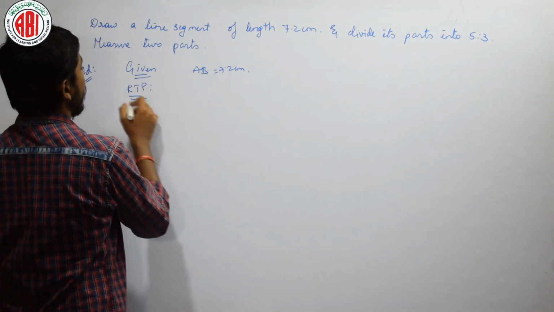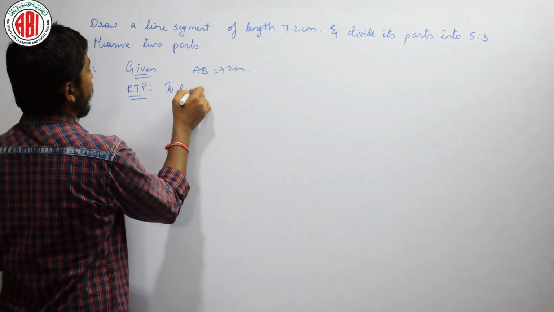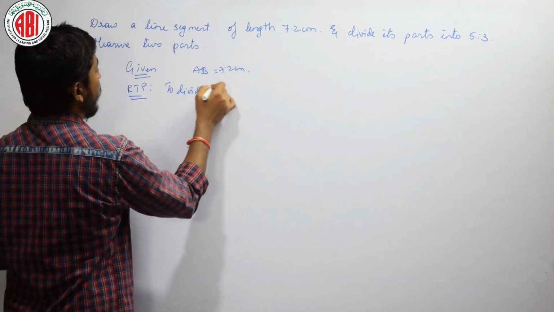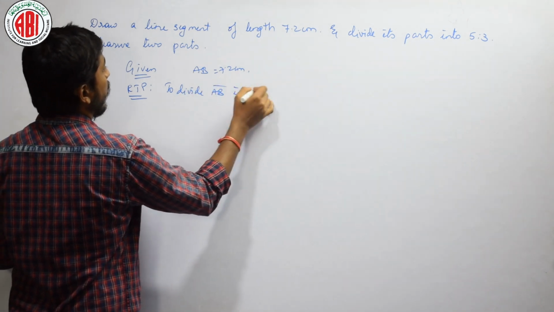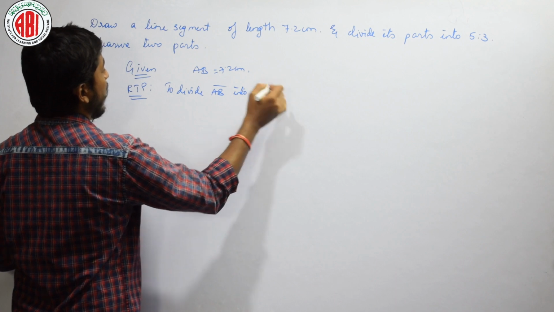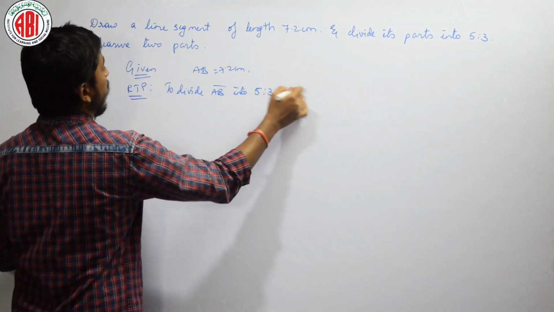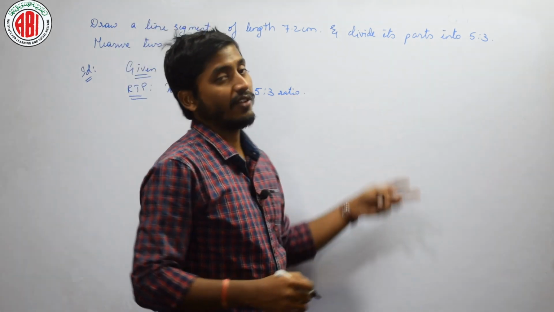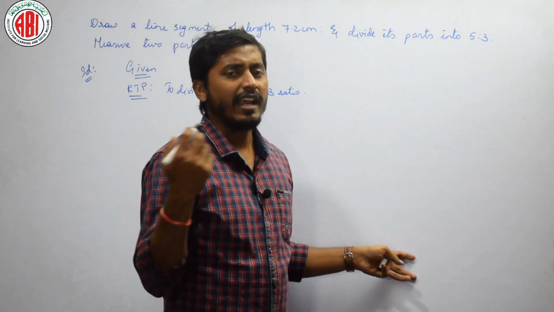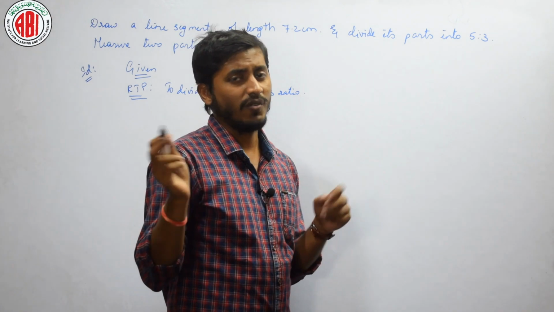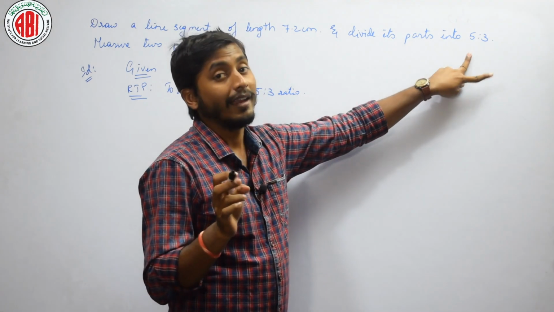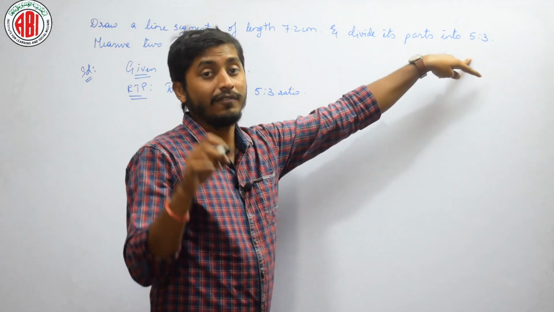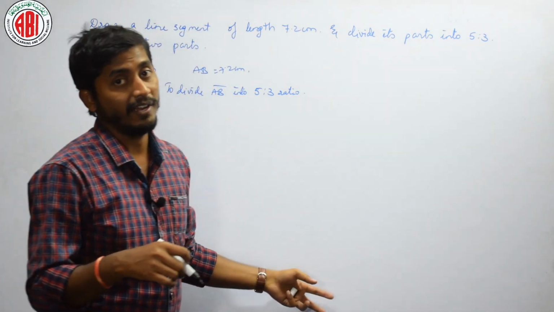RTP is to divide AB into 5:3 ratio, and then the steps of construction. For other figures such as triangle or quadrilateral, you have to draw the rough diagram also. If they ask you to verify, you even have to verify it.